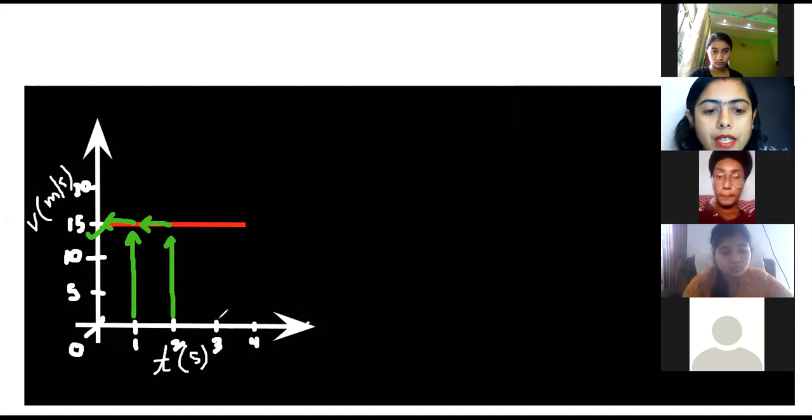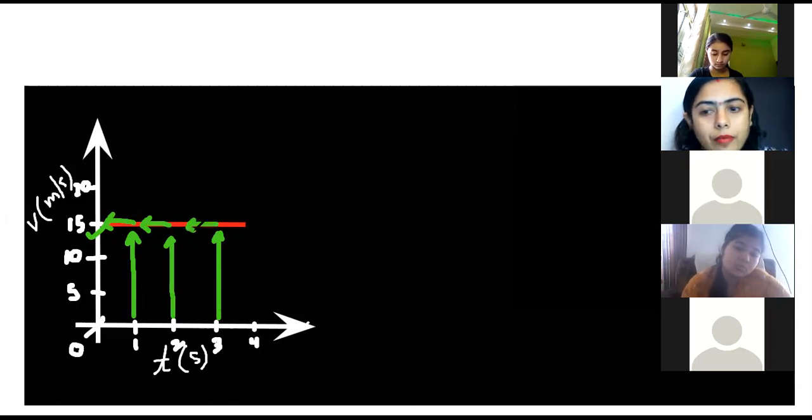When the time is 3 seconds, it is 15 still. It means the velocity is not increasing, not decreasing. You are not even applying a brake. Whatever the velocity is, it is the same.